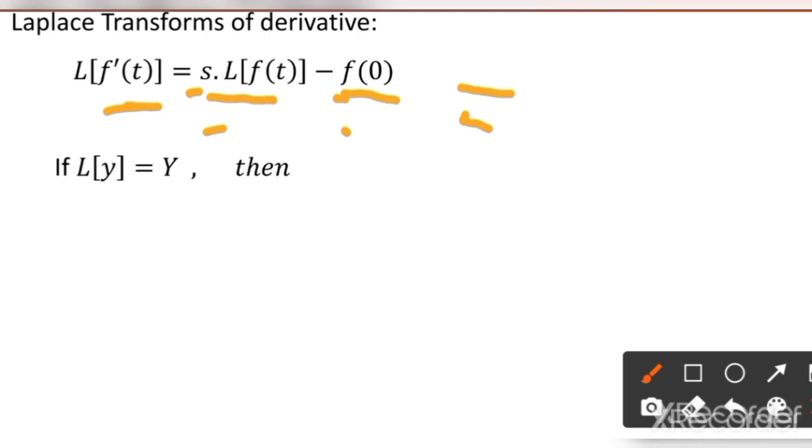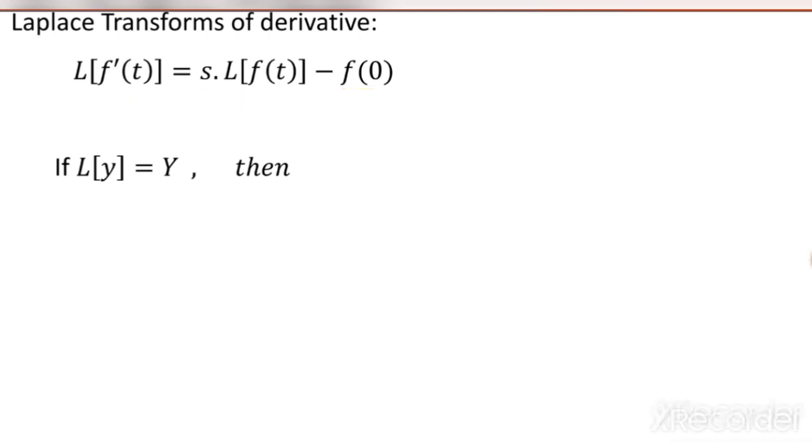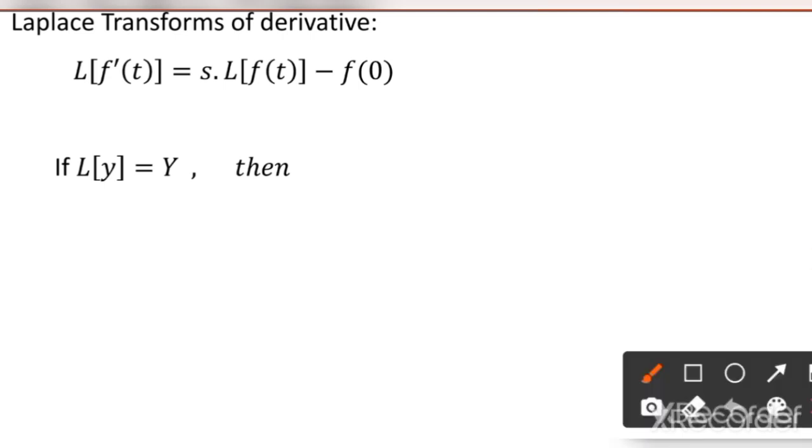So this result I can use while solving linear differential equations. For example, if I want to solve a second order differential equation, d2y by dx2 plus 3 dy by dx plus 2y equal to e power x, we have derivatives of y with respect to x of second order, first order, etc. So if I know the Laplace transform of y as Y of s, I have denoted it like f of t, Laplace transform F of s.